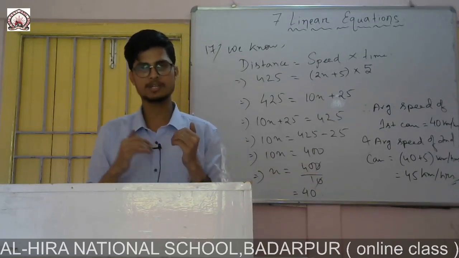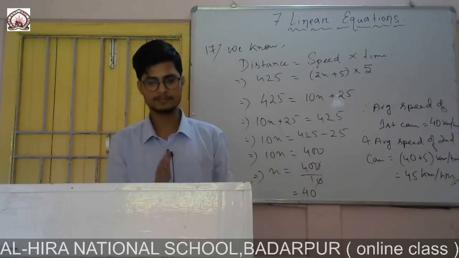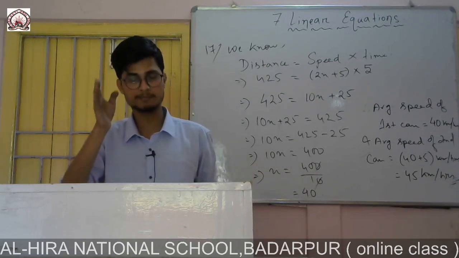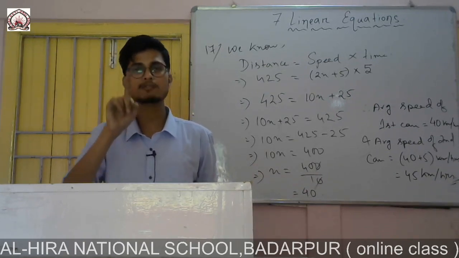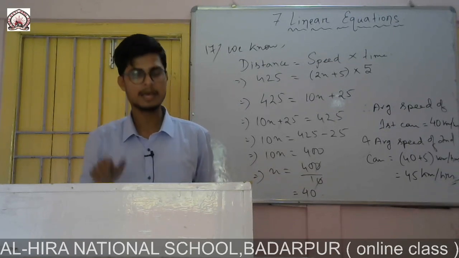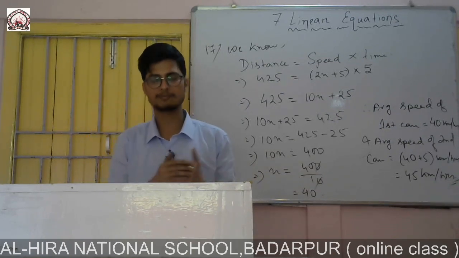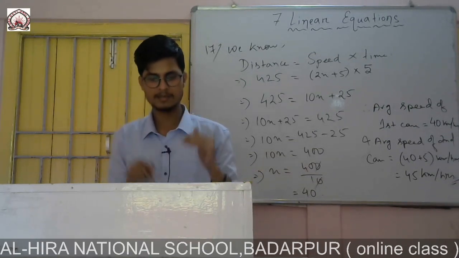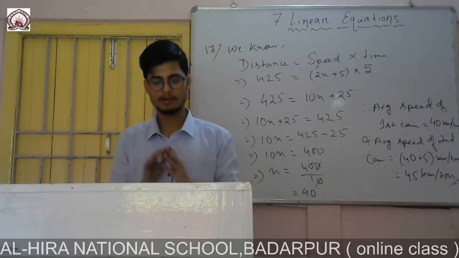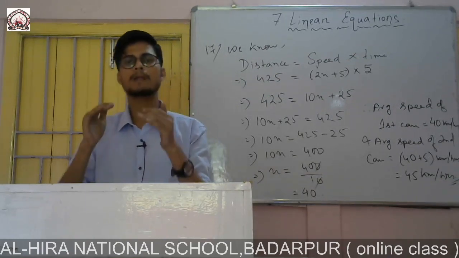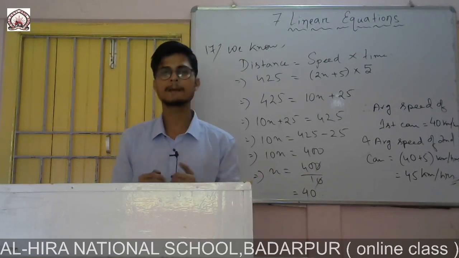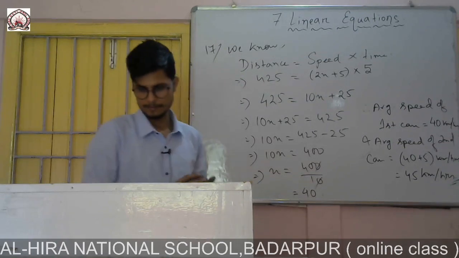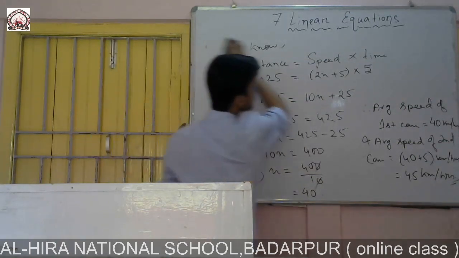In case of upstream, we subtract: speed of the boat in still water minus speed of the stream. So in case of downstream we add the speed of the stream, and in case of upstream we simply subtract. Okay, let me start the sum. You will understand it.